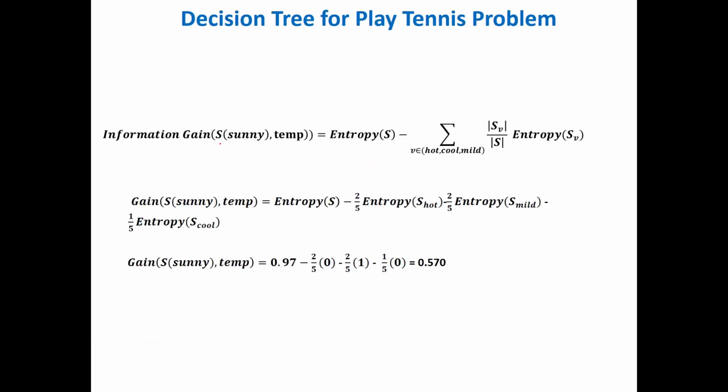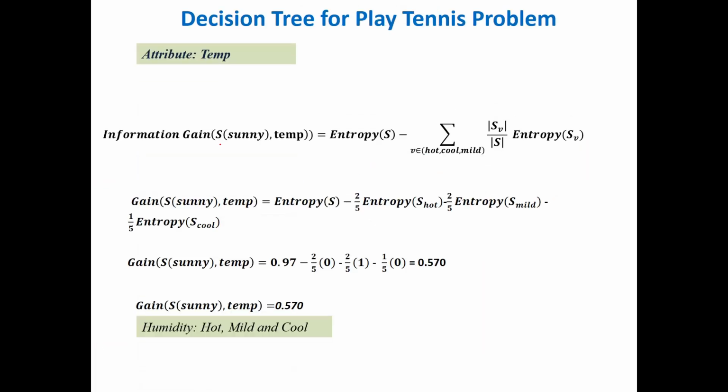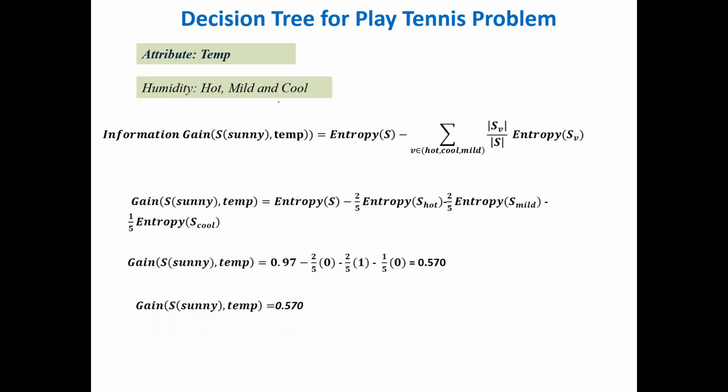Information gain here for the temp over these three values, hot, mild and cool. But now this difference you have to observe: it is for S sunny, and we are finding the information gain of the attribute over S sunny.